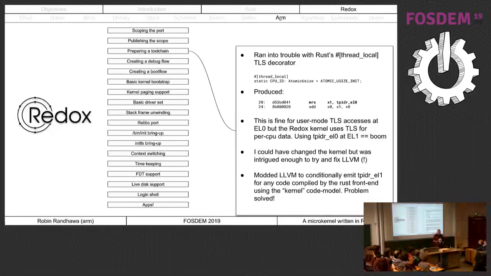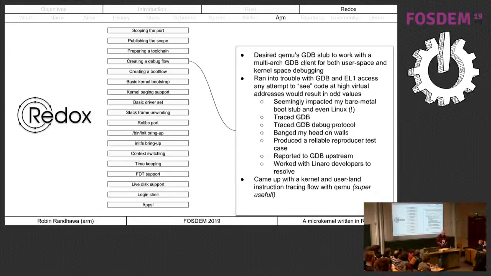You have separate instructions for doing TLS accesses at two separate exception levels in ARM, one for the kernel, one for the user space, but LLVM would only ever generate code for user space, even for TLS code that I was compiling on the kernel side, because it was using the wrong instruction. So I had to modify LLVM, which was not bad actually.